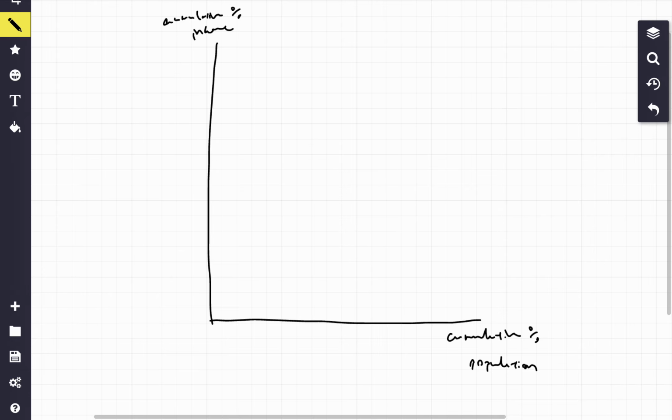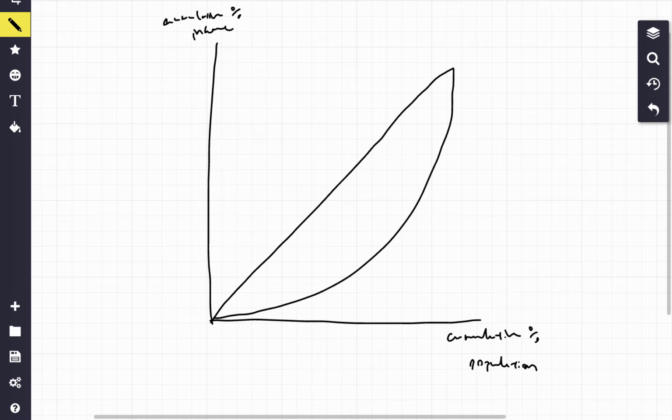And let's say this is the US economy, and we have the equality line here, and we're gonna have the Lorenz curve somewhere here. So this is the equality curve. It is a 45 degree line, and what the Lorenz curve tells us is that, let's say this would be 50% of the income, 100% of the income in the U.S. This is 50% of population and 100% of the population.